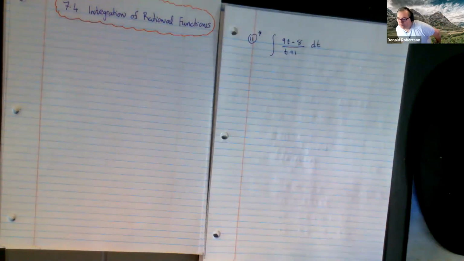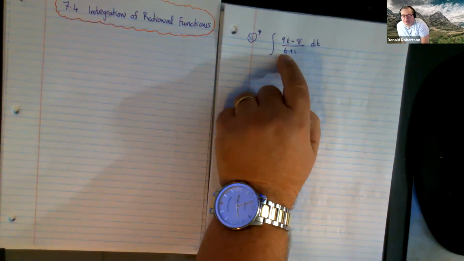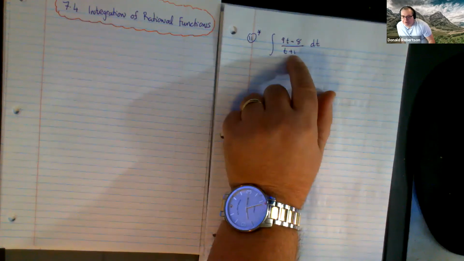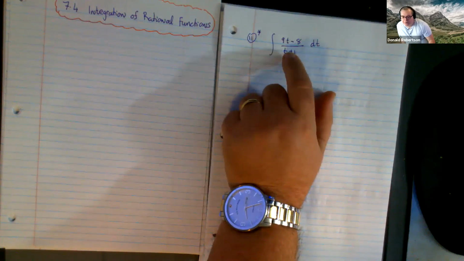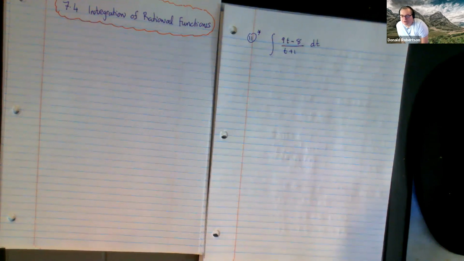Now, you know you cannot use the cover-up method. We mentioned that yesterday. One of the rules for not using the cover-up method is that the top is bigger than or equal to the bottom. And the other rule is that there's some kind of square term on the bottom. So this one fails on the top one. We are going to have to deal with this weird fraction.